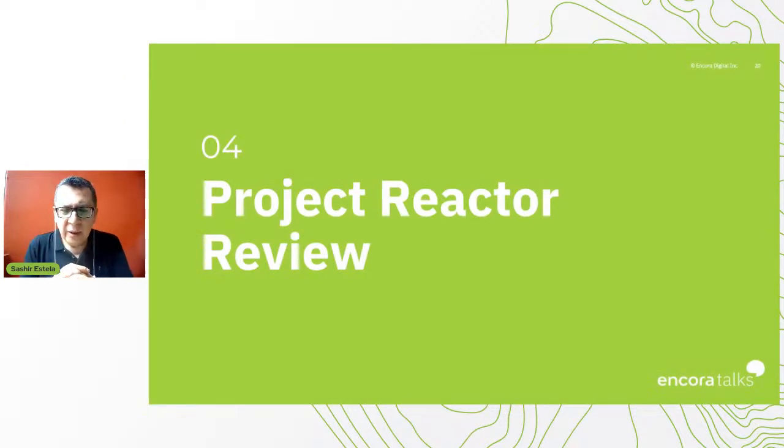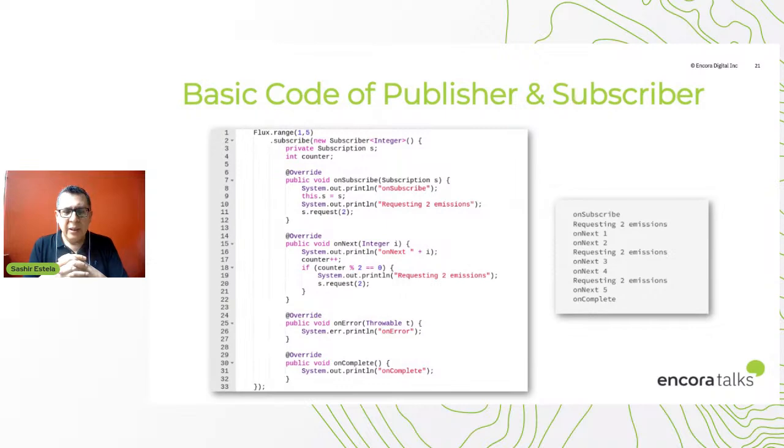Okay. We were talking about some relevant implementations of reactive programming, specifically for the Reactive Streams standard. Now, we're going to make a quick review of one specific implementation, Project Reactor. Okay, this is the basic code of the interaction between a publisher and a subscriber.